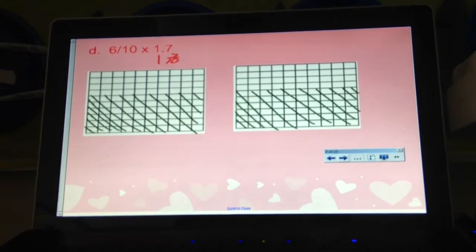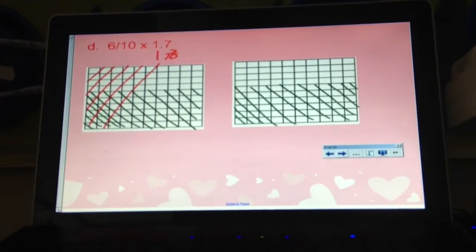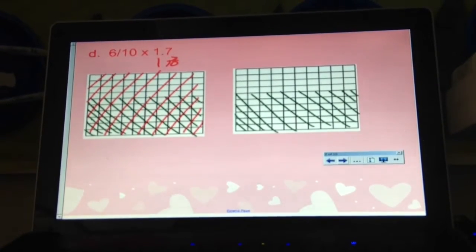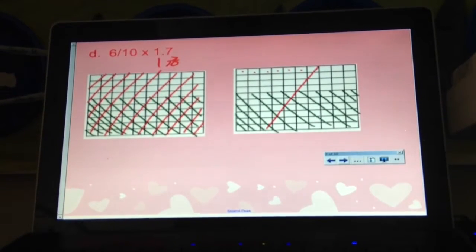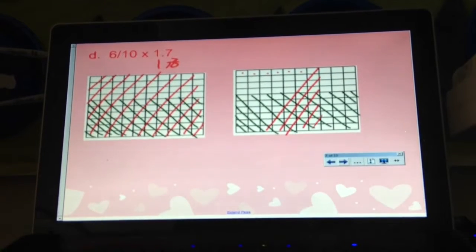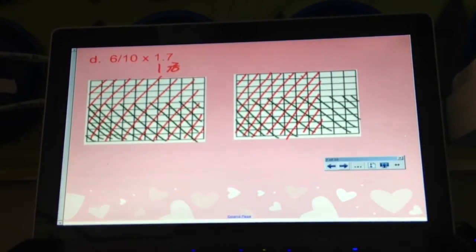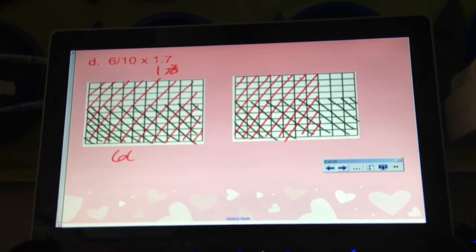So now I have 1 whole and 7/10. I'm going to shade that in the opposite direction. So this whole section would be shaded. There's my 1 whole. And then I have 7/10. 1, 2, 3, 4, 5, 6, 7. So if I look here at the overlap, I have 60.